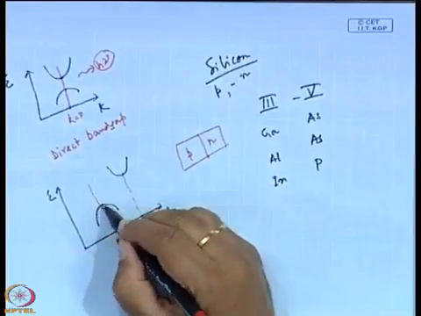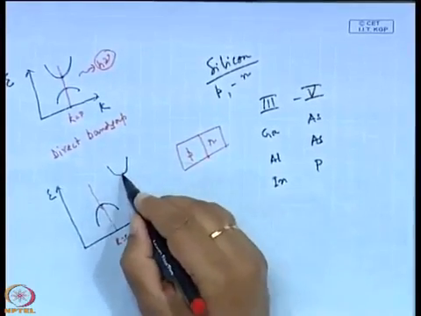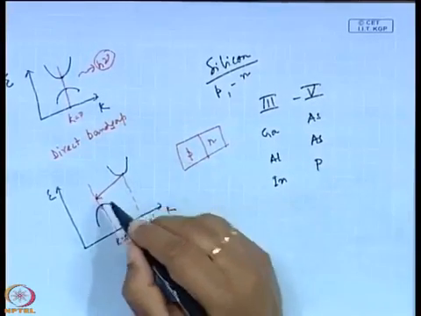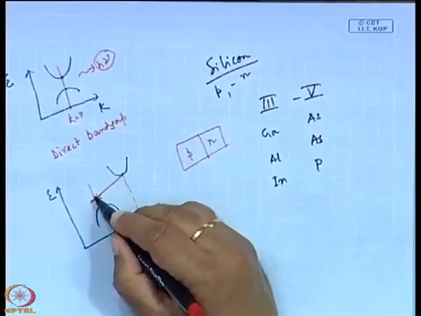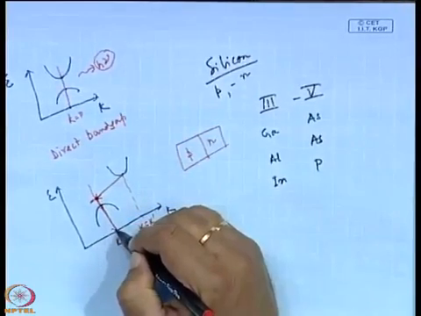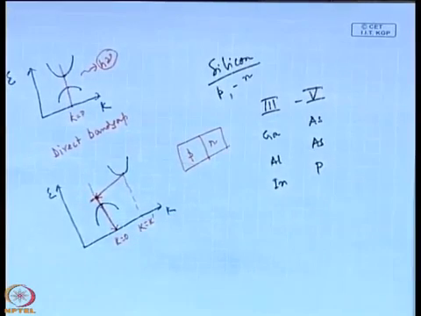So, first the carriers from the conduction band come to the trap state or the impurity state, and then they acquire the same momentum and finally recombine with the holes in the valence band for the emission.